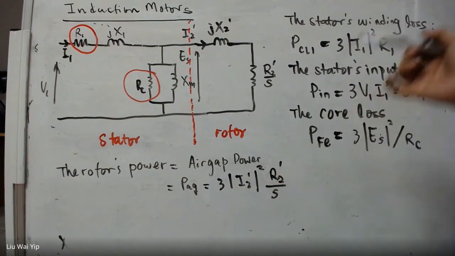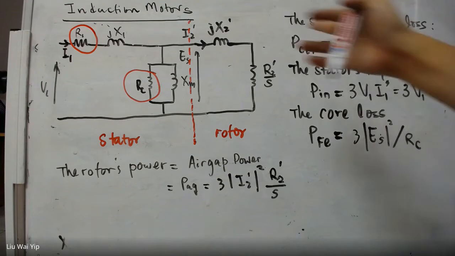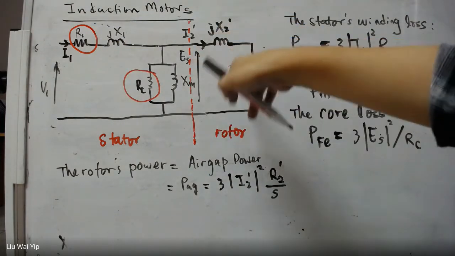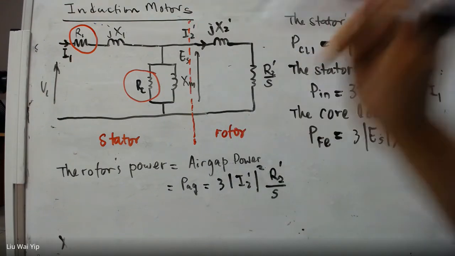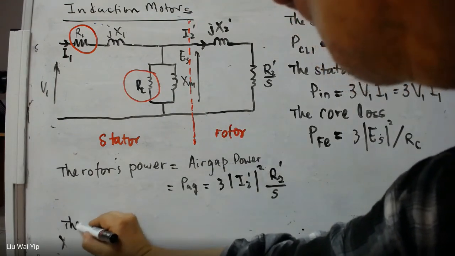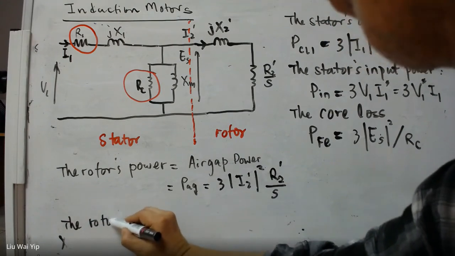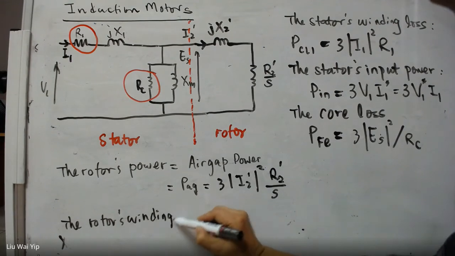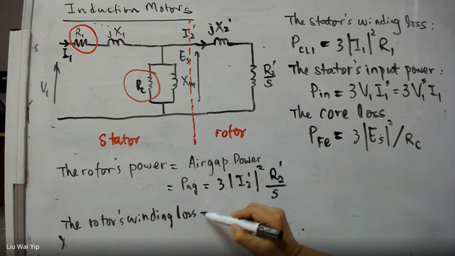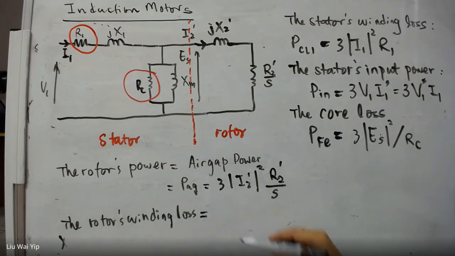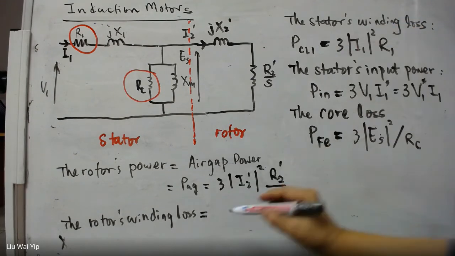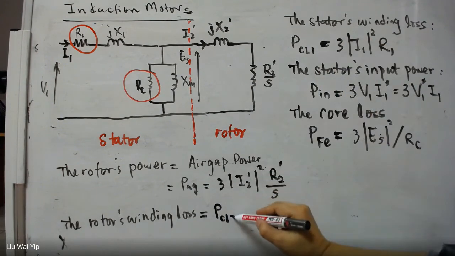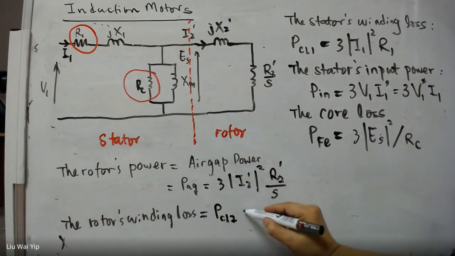If we have the winding loss for the stator, we should equally have the winding loss for the rotor. So the rotor's winding loss, say P_CL2, with 2 for the rotor.